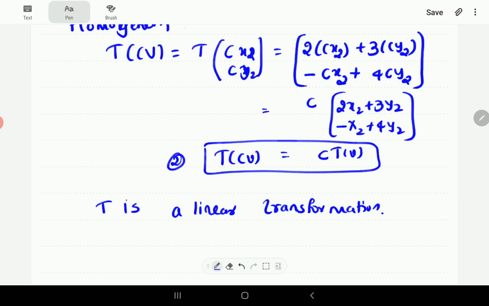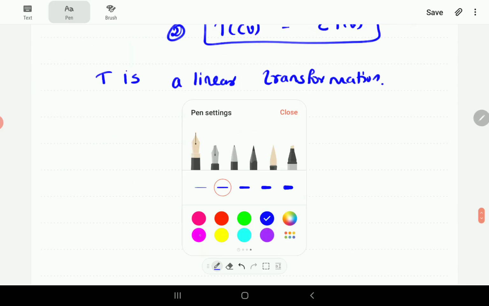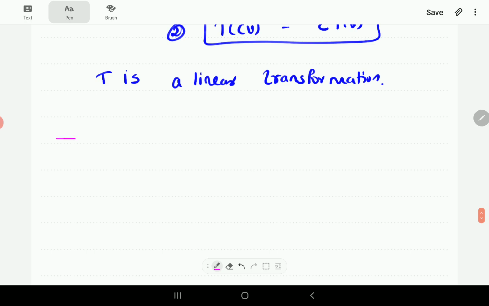Okay. So you may wonder now, is it every time possible that we will get the transformation as a linear transformation? So the answer is no. In some cases we may not get a linear transformation. So let's see some examples.